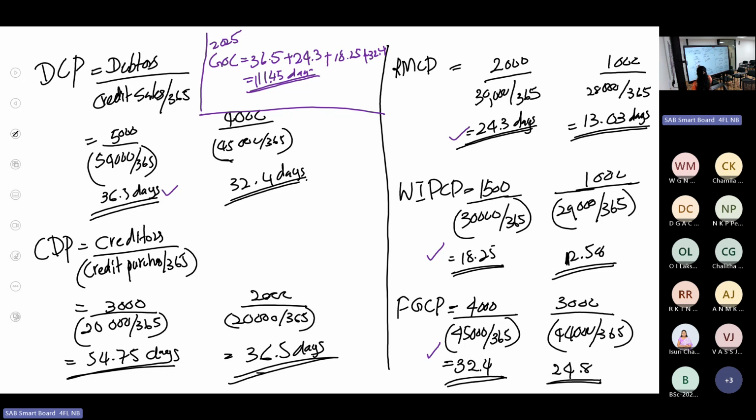Then shifting to the net operating cycle, NOC. How can we calculate NOC? From the gross operating cycle, 111.45 days minus the creditor deferral period, 54.75.